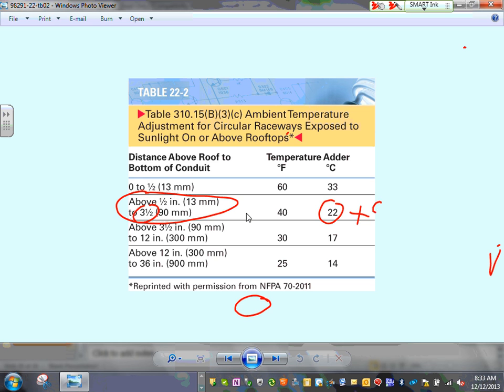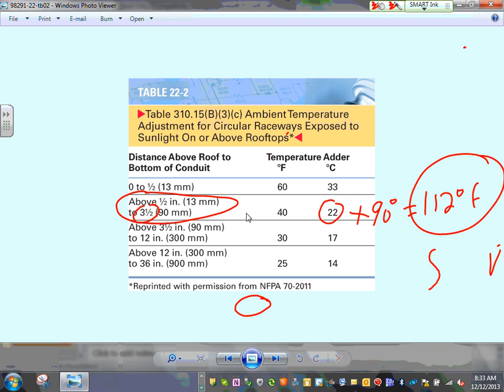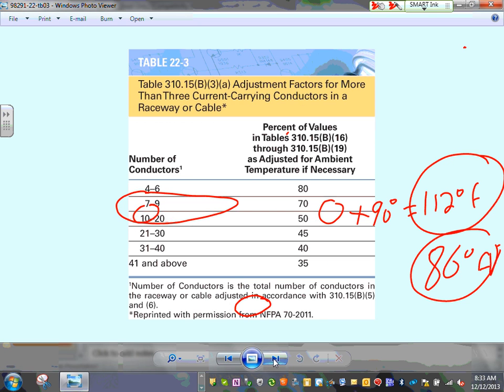Say in Minnesota, it's 90 degrees Fahrenheit ambient temperature. That will get you 112 degrees Fahrenheit, which is definitely more than 86 degrees Fahrenheit. You need to derate. Remember the temperature derating? You need to derate based on the height when you put them on a roof.